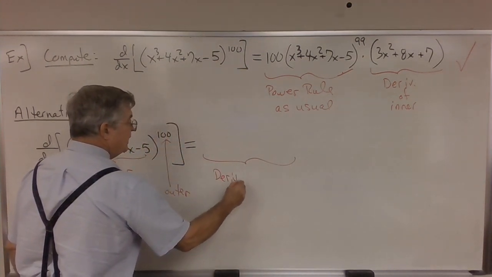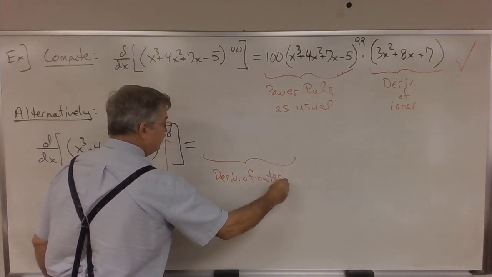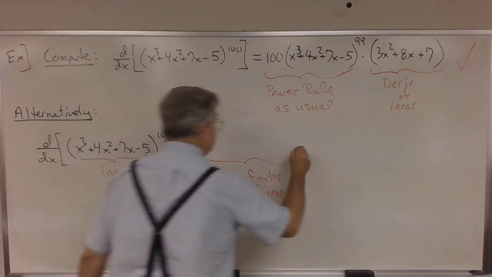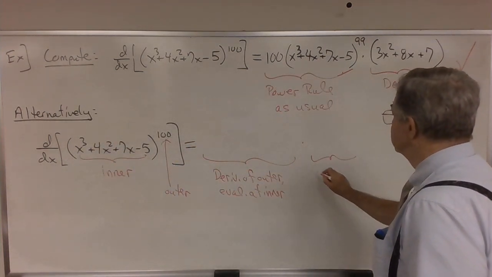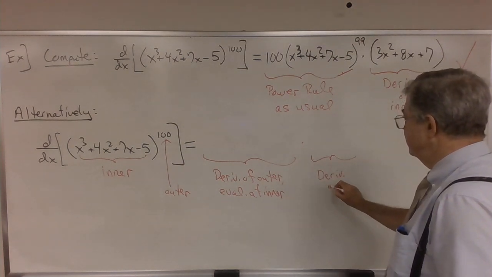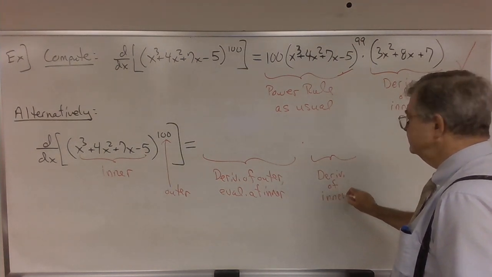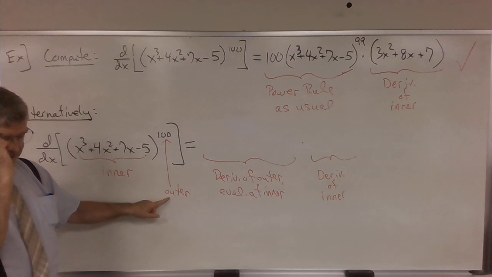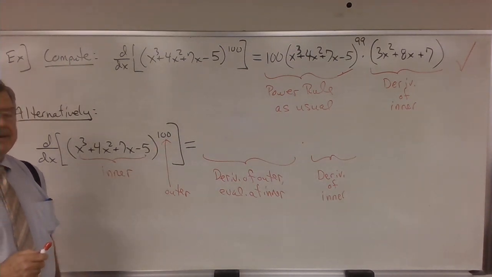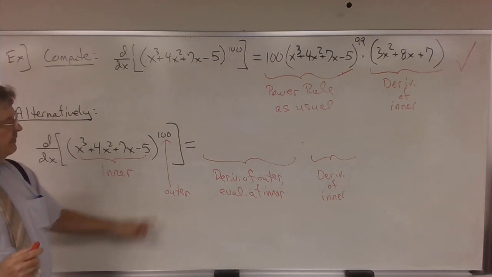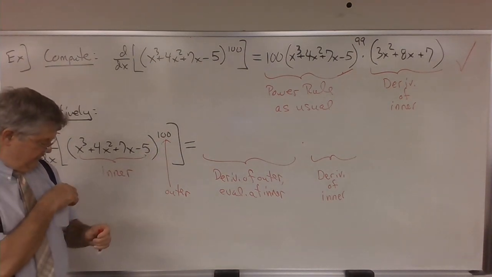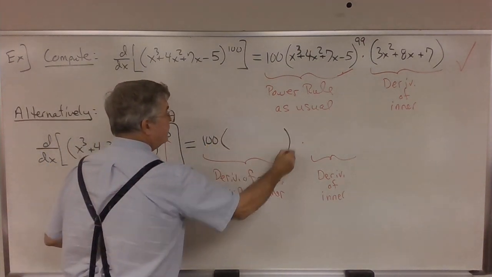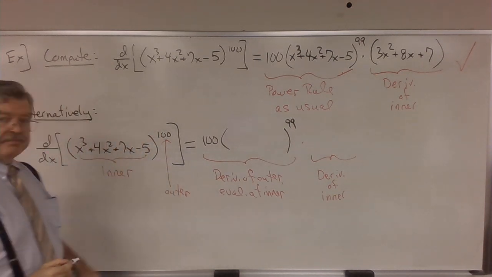The chain rule says we have derivative of the outer evaluated at the inner times derivative of the inner. So the outer function is something to the 100th power. What's the derivative of something raised to the 100th power? Isn't it 100 times something raised to the 99th power?